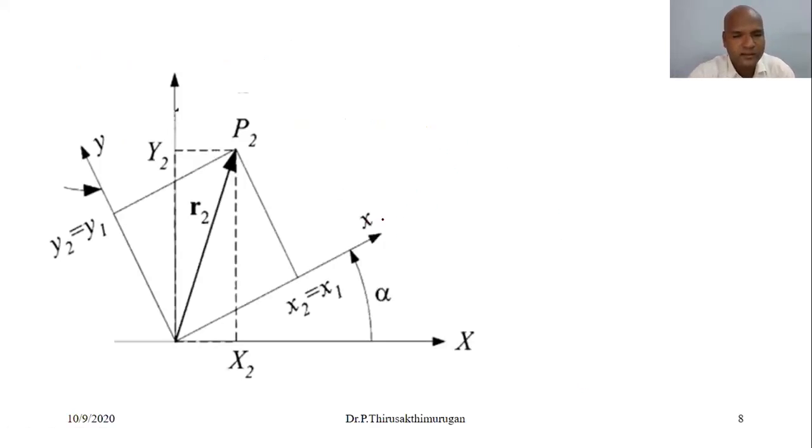Initially the point is here at P1, and now it is transformed to P2. Similarly Y1, Y2. So the initial point is rotated to the new point, P2 is the new displacement. So the angle about Z: this is the representation of the body frame rotating by an angle alpha about the Z axis.